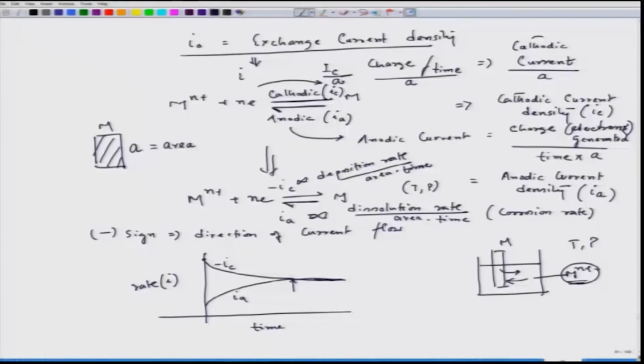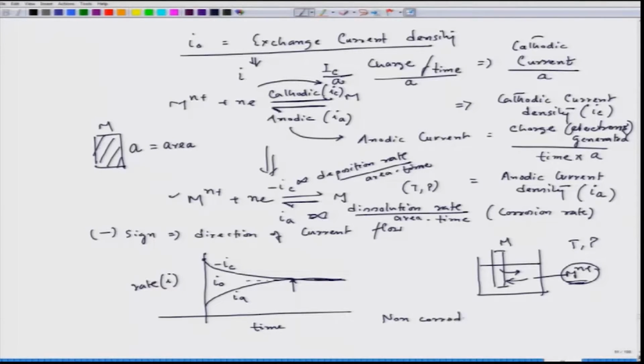So, this particular value indicates I0, which is the exchange current density. Now, interestingly, whenever we reach this equilibrium, do we get the dissolution or deposition to be different? No, they are the same, and in fact that situation is called a non-corroding system. That means the metal is not dissolving preferentially, or the deposition is not going on preferentially.